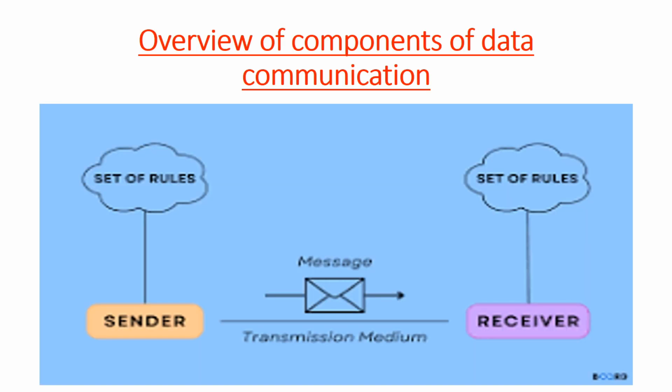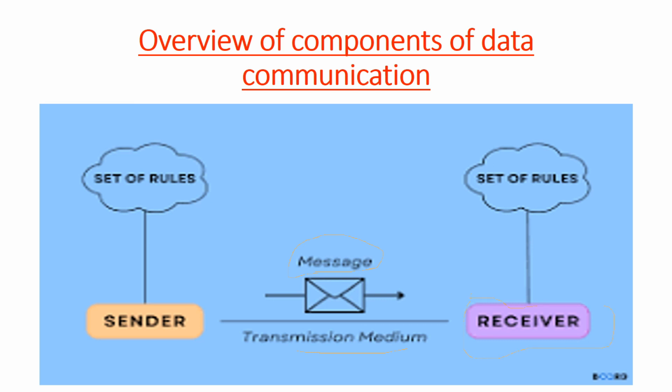So here is an overview of the components of data communication and how they are related or interconnected. We have our first component, which is the sender. The sender, through a transmission path or transmission medium, sends a message. Then the message goes directly to the receiver.